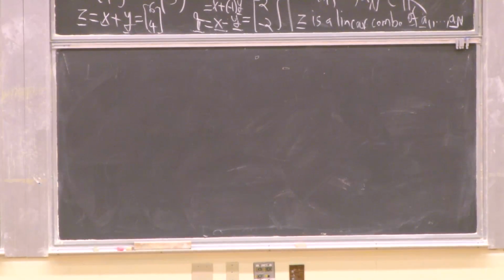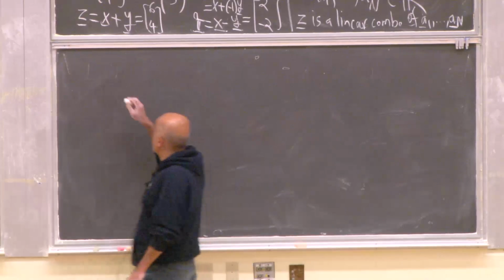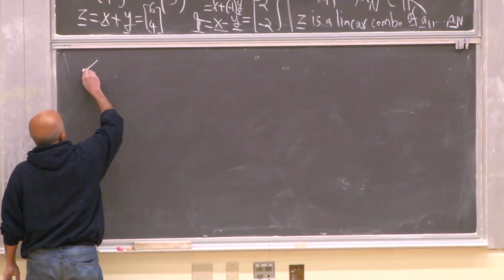Let's see, what else do I want to say about vectors? There is another operation between vectors that we'll say a lot more about later. I'll just introduce it now and then leave it as is.